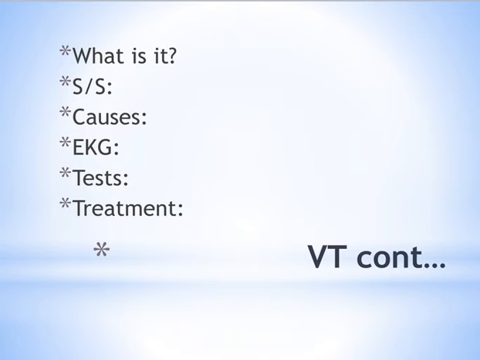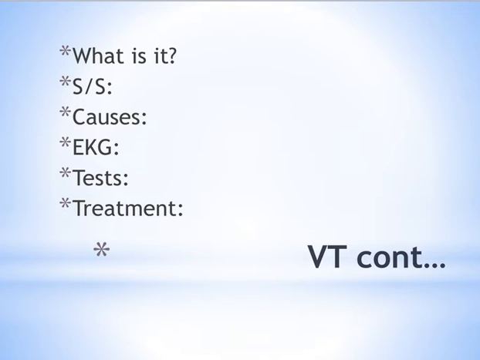So what are the signs and symptoms if someone's in VTAC? Well, they could be unconscious. They could stop breathing or be breathing really slowly. They could be pale and sweaty. They could be dizzy related to the decreased oxygen being delivered to the brain. They could have a very low blood pressure, weak pulses, all indicators of inadequate perfusion.